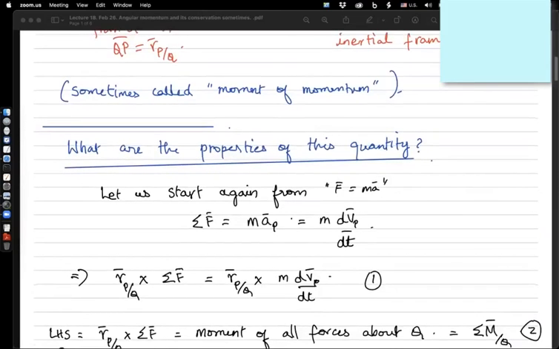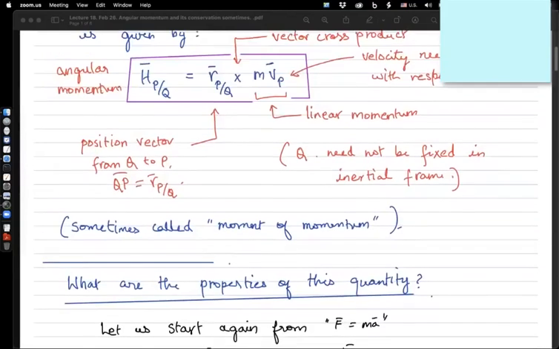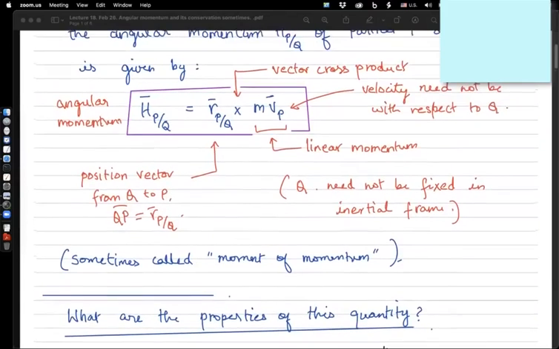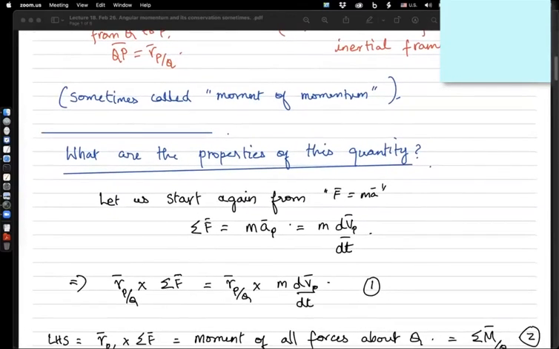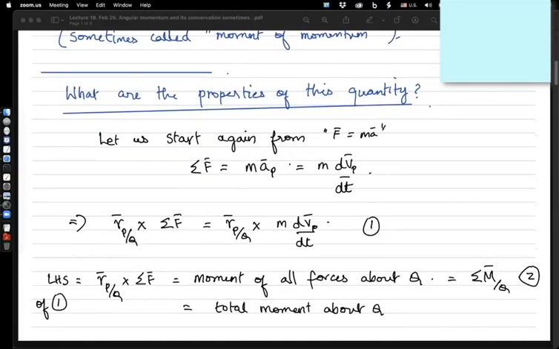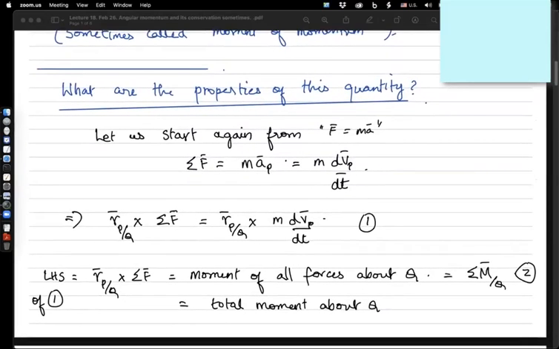Then you take this equation and pre-multiply with a cross product, so this is a vector cross product, not just a multiplication, with r of P with respect to Q. That gives r of P with respect to Q cross the sum of all forces equals r of P with respect to Q cross m dVp by dt. This is just starting from F equals ma and taking a cross product on both sides. The equality is still preserved because you're multiplying both sides with the same quantity.